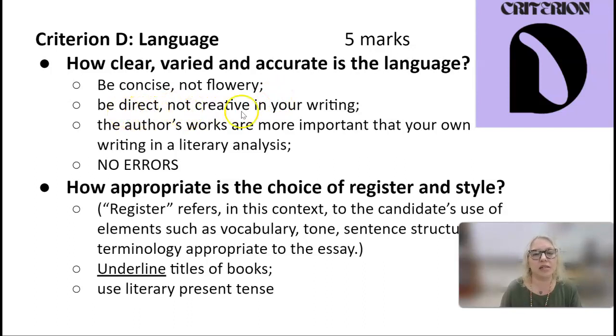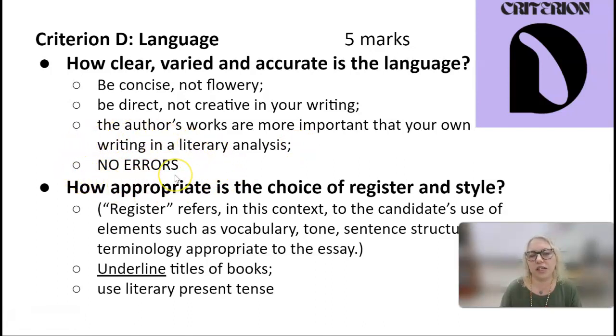Be direct, not creative in your writing. The author's works are more important than your own writing in a literary analysis. So you want to spend more time talking about their writing and not as much time working on creating flowery, long sentences for yourself. You want no errors.